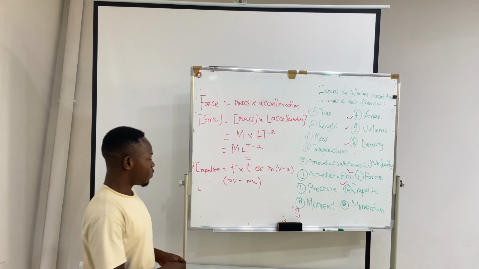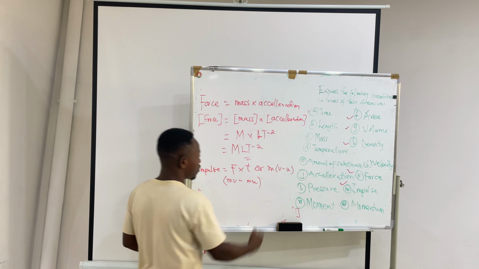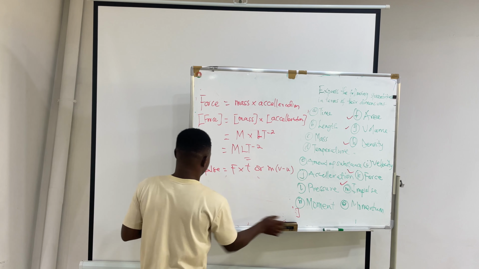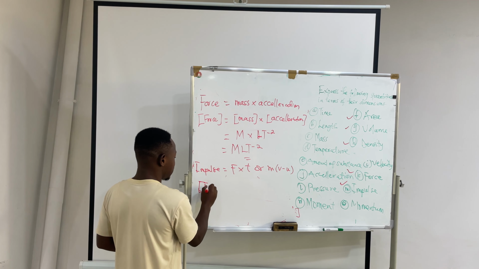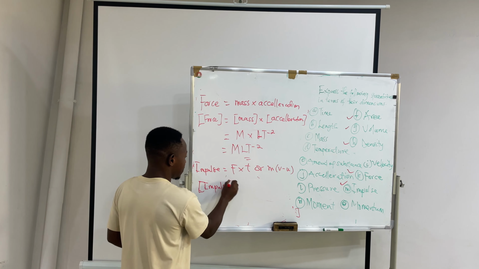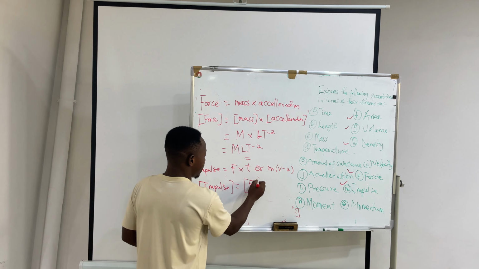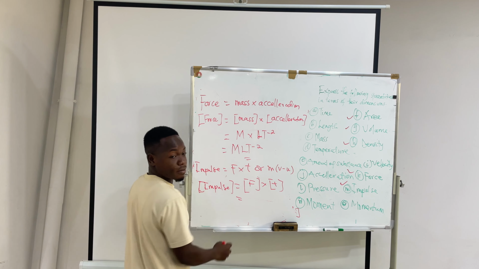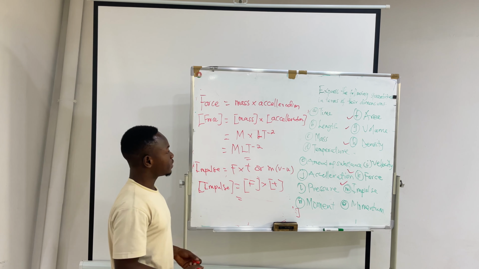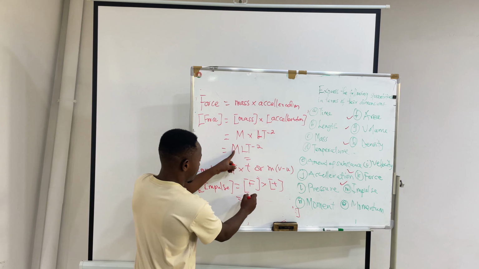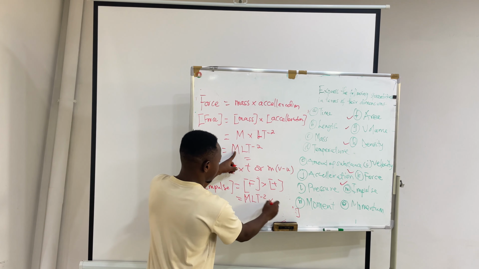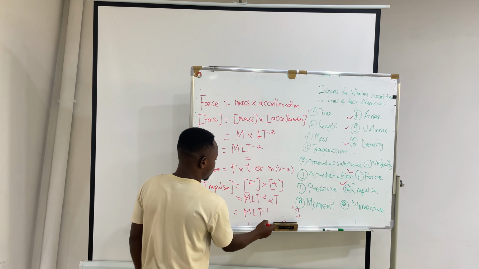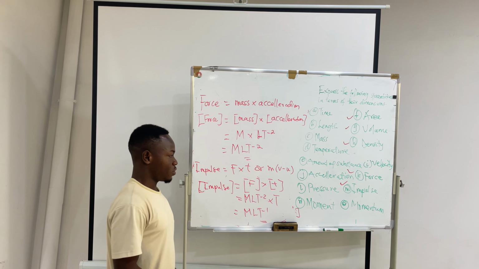So you can use either formula. I want to use the first one. So the dimension of impulse is equal to the dimension of force times the dimension of time. Force is M L T minus 2, times T. So this will give us M L T minus 1. So this is the dimension of impulse.